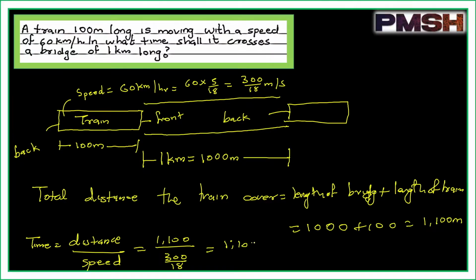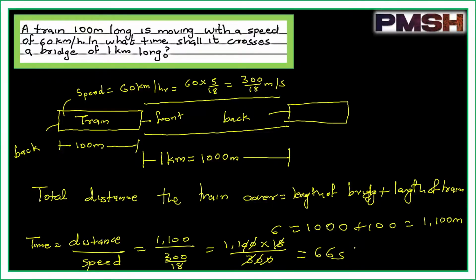That means 1100 multiplied by 18 divided by 300. The two zeros can be cancelled. 3 cancelled with 18 will give you 6. Okay. And 6 times 11 is 66 seconds. Okay. So 66 seconds is the time the train requires in order to cross this bridge.